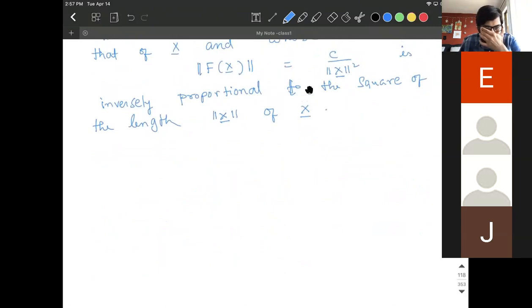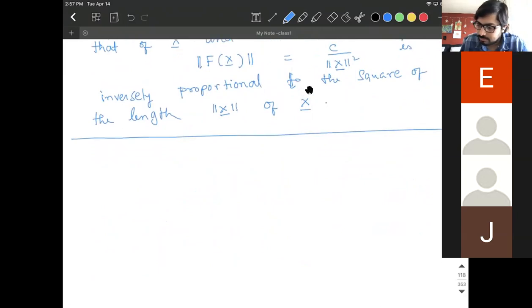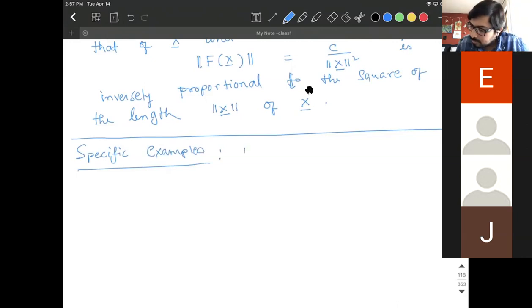So yeah, this is where Newton comes in. So specific examples. So this is Newton's gravitational field.